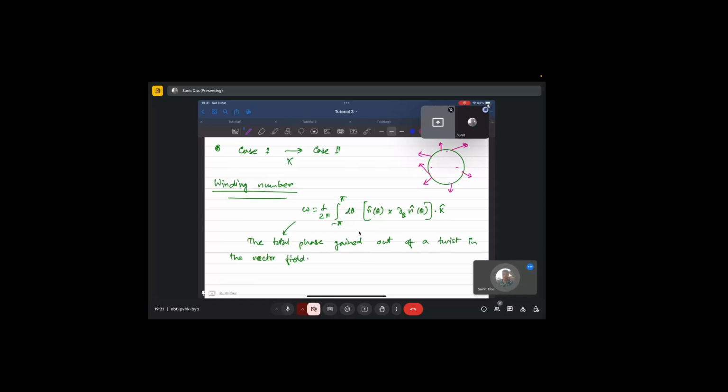Now I am characterizing the direction of this vector, so let me use different colors. This is, let's say, phi, and perpendicular to it and connected with the center, this is theta.